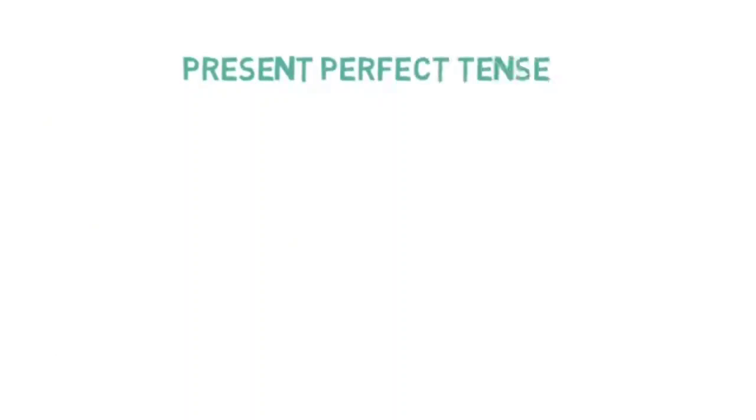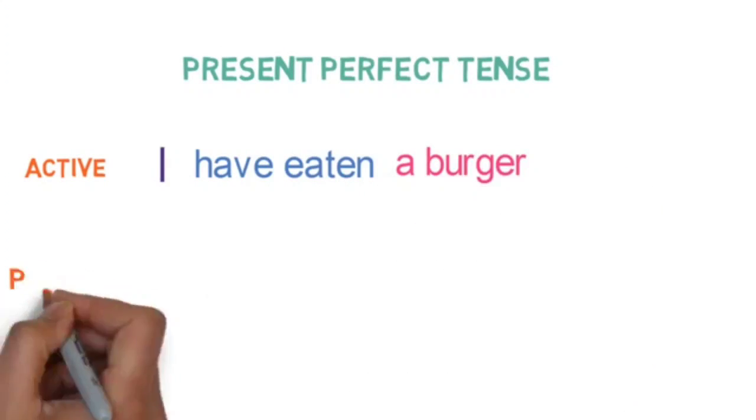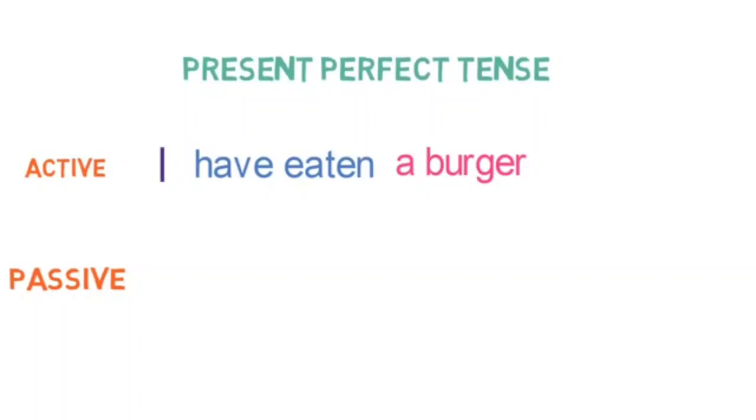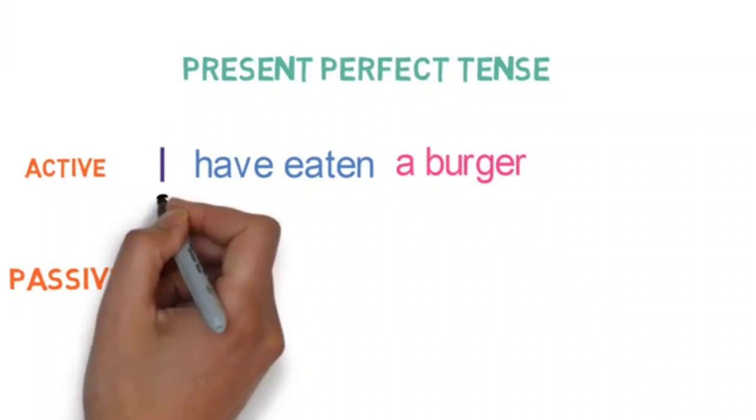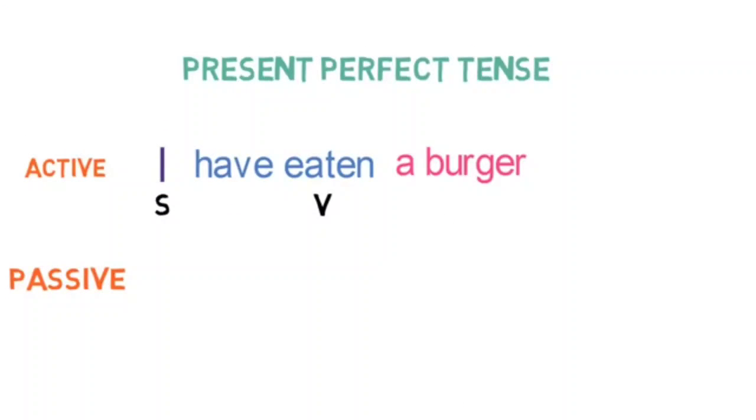Now let's see the next tense, that is present perfect tense. In active, the sentence is: I have eaten a burger. In passive, first we need to identify the SVO, that is the subject, verb and object. Here I is the subject, eaten is the verb and a burger is the object. The second step is to swap the subject and object.